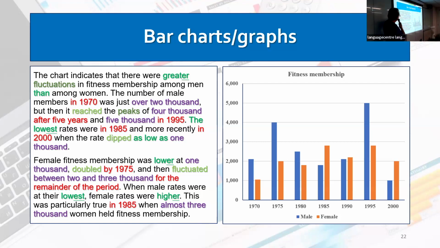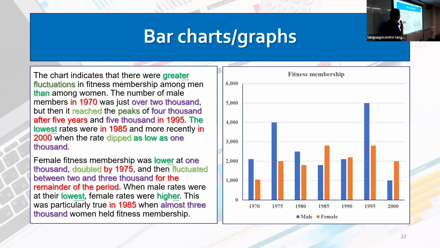For example, fluctuations here. This is a noun, not an adjective. Fluctuations, peaks. Other than nouns, we also have verbs: reached, doubled, fluctuated.